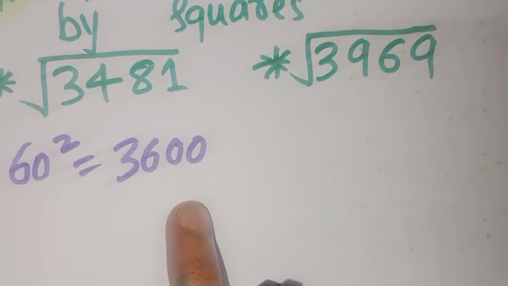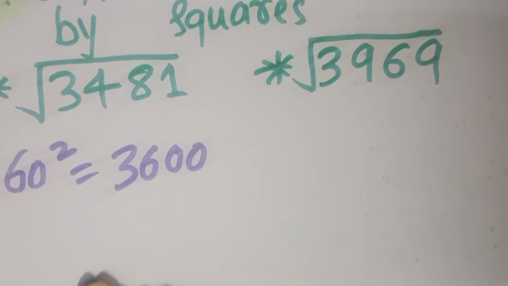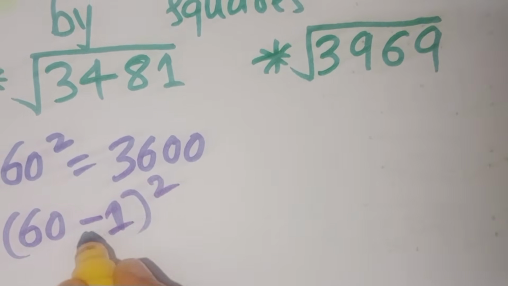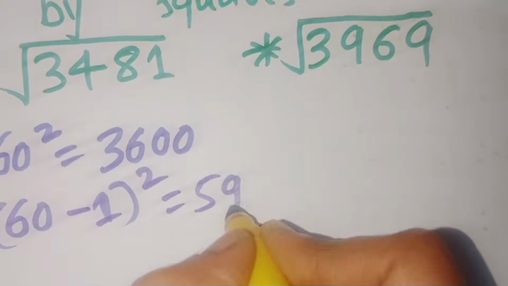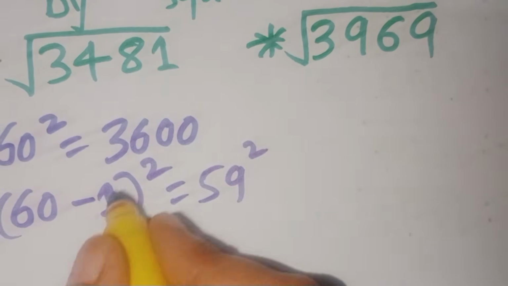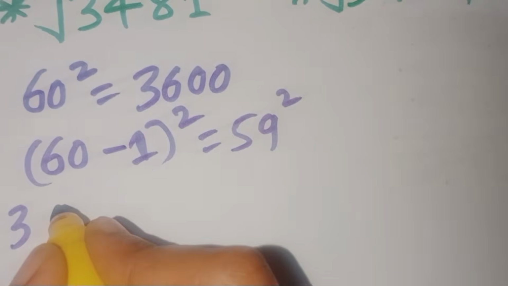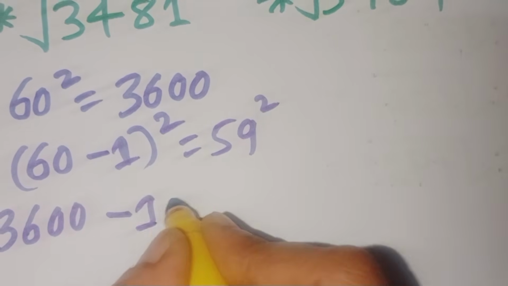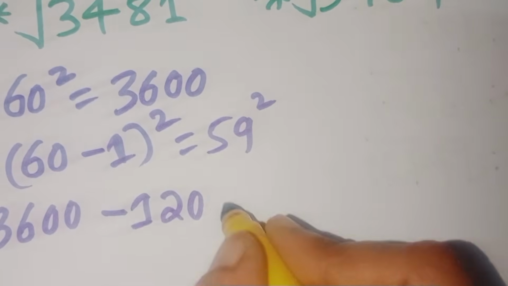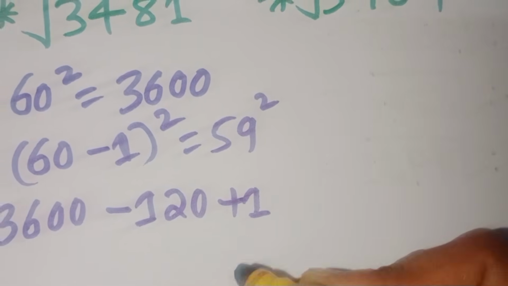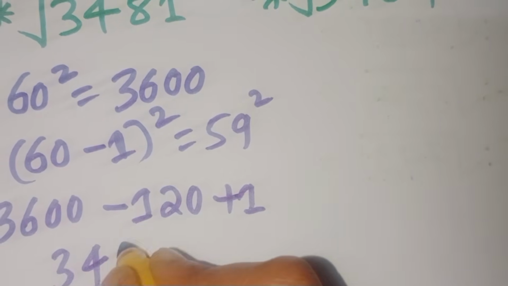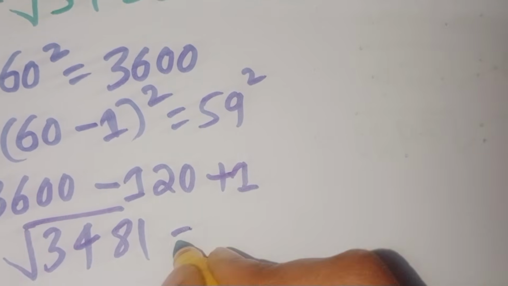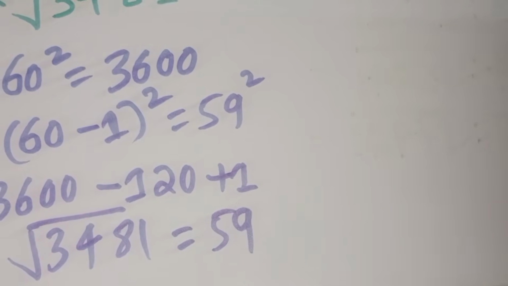Try the previous number, 59 square. 60 minus 1 square, that is 59 square. 60 minus 1 square is 3600 minus 120 plus 1. We get 3481. Square root of 3481 is 59.